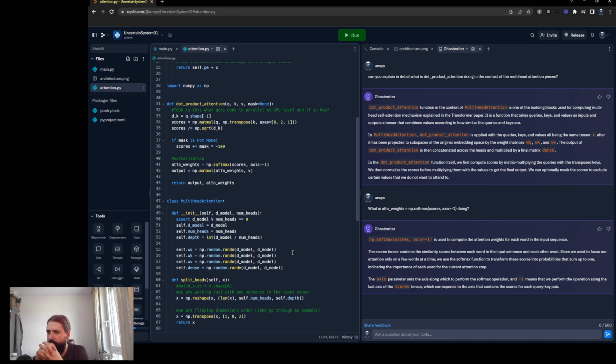Why D model for the subspaces? Why this shape? Doesn't matter.